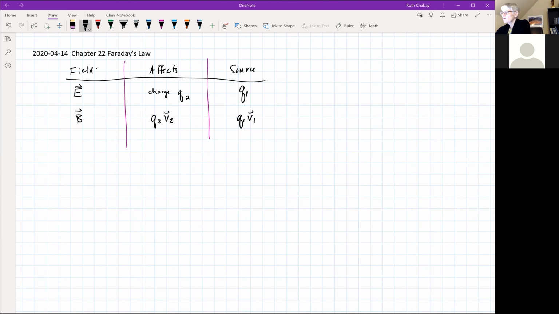There's another possible source for an electric field. And it turns out that a time-varying magnetic field can be the source of an electric field.